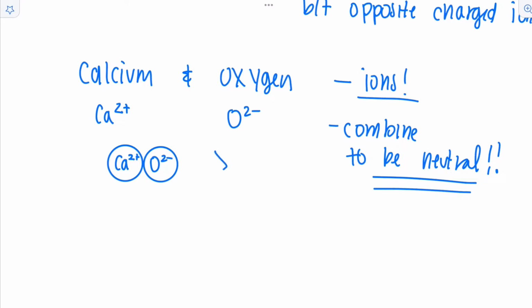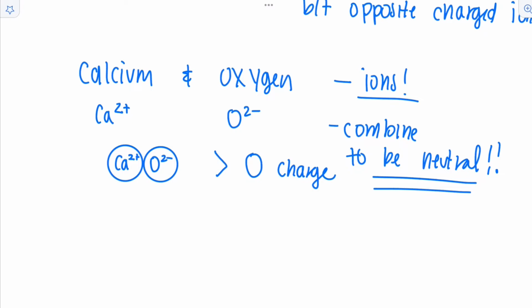The overall charge of your salt should always be 0. If it's not 0 in a 1-to-1 ratio like I have right now, then you need to add more positive or add more negative. Here, my 2 plus and my 2 minus cancel each other out to be 0, so this is a 1-to-1 ratio salt.